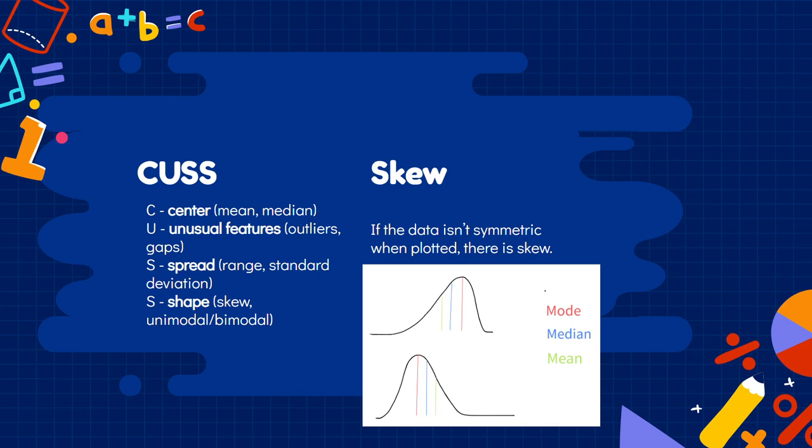So if you're talking about test scores, you find that a 97 occurred the most frequently. Now, when you plot all the test scores of the class, if the left side of that 97 and the right side of the 97 don't look the same, there's skew. Right here, I drew out the different kinds of skew.